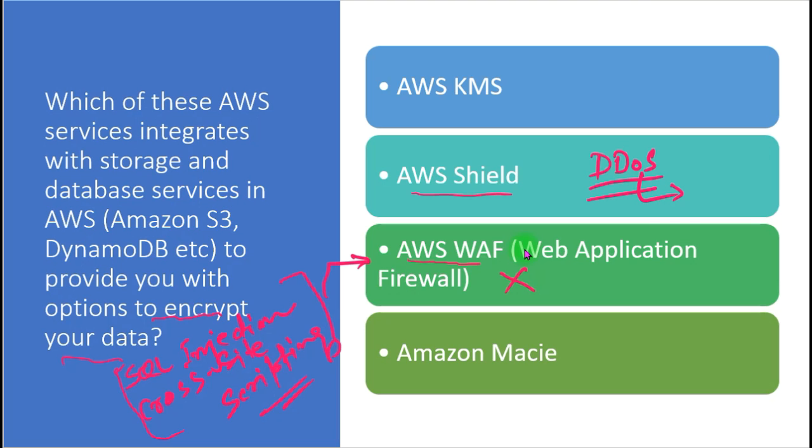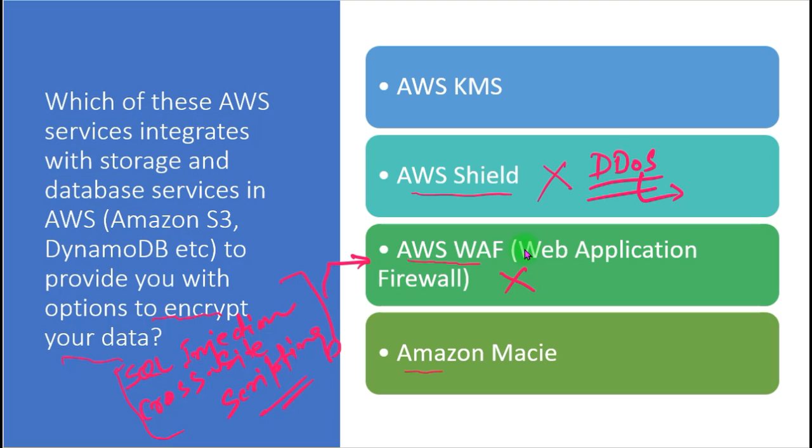As we know, our servers work in a first in first out way. So our server will get hung and it will not respond to the actual requests. This is how DDoS works, and Shield helps us to protect from such attacks. But here we are talking about encrypting your data, so this is also not correct here.